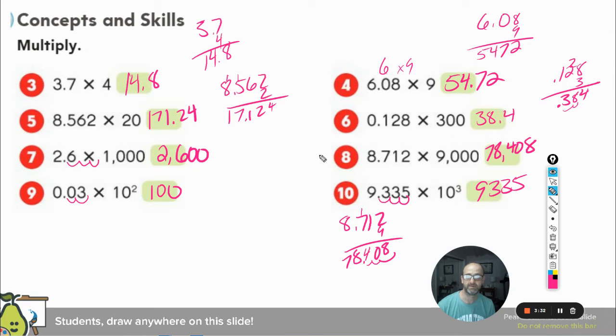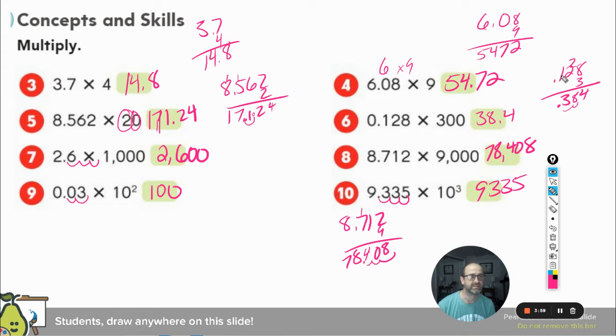This one here, I just multiplied by the 2 first, right? I did 8.562 times 2, that's about 8 times 2, which is about 16, so then I placed the decimal here. But then because I'm multiplying by 20, multiplying by 2 times 10, I moved the decimal there, and I got 171 and 24 hundredths.